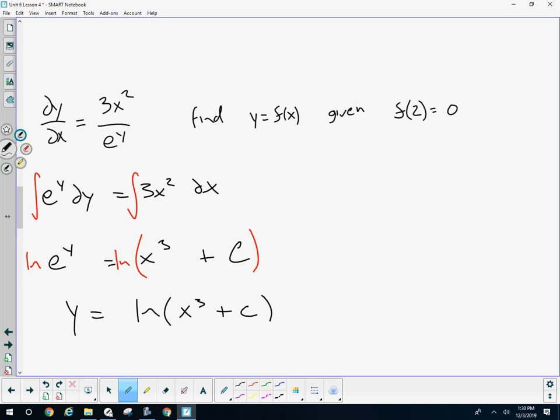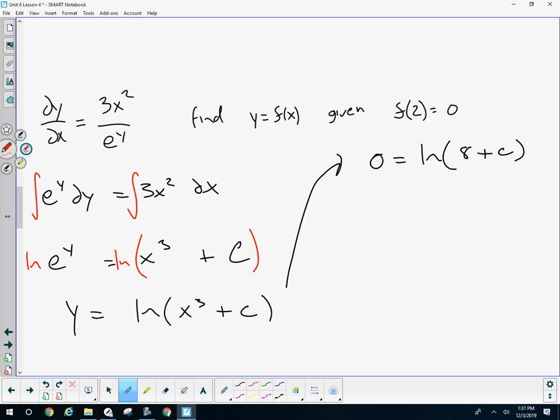You don't leave a plus c hanging. You plug in 2, 0. 0 equals ln of 8 plus c. Go ahead and everybody solve for c. What do you do about the ln?